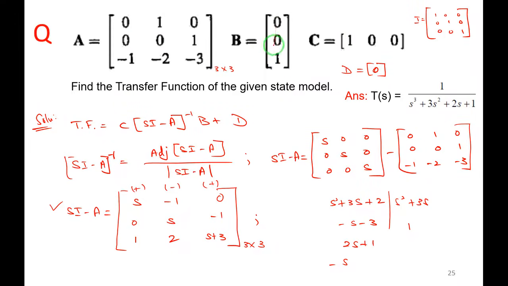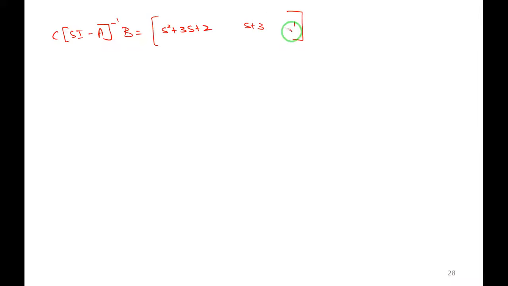Vector B is 0, 0, 1, a column matrix. This matrix has only one row and three columns. This has three rows and only one column. So I will be getting 1 cross 1, one row, one column. Only one element.